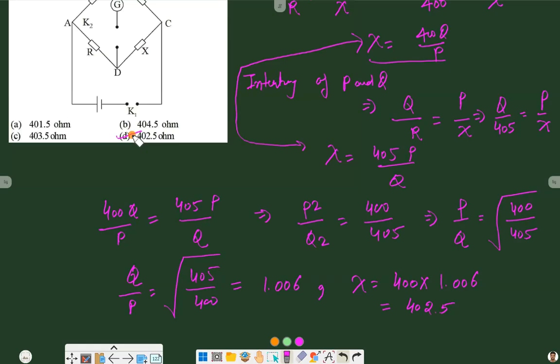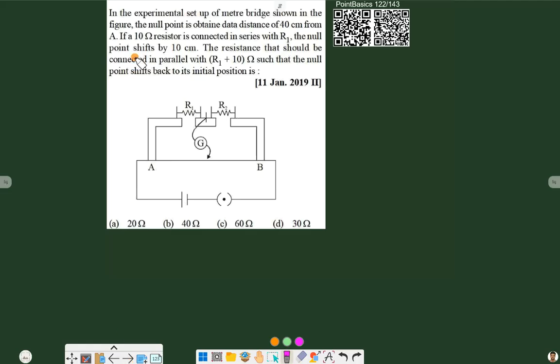Moving to the next one. In an experimental setup of a meter bridge shown in the figure, the null point is obtained at a distance of 40 centimeter from A. So this is 40 centimeter for the first case.